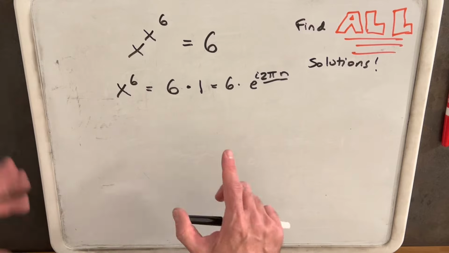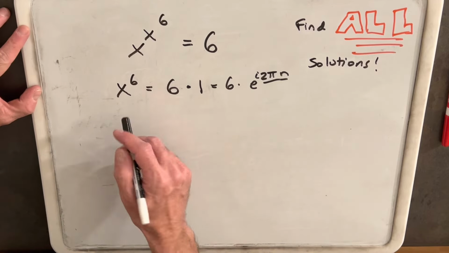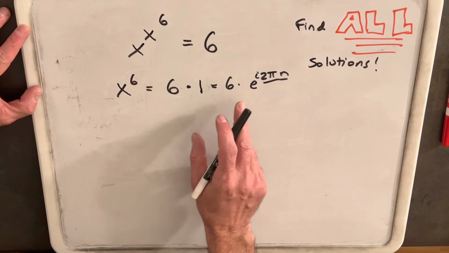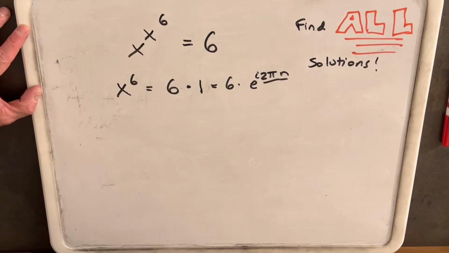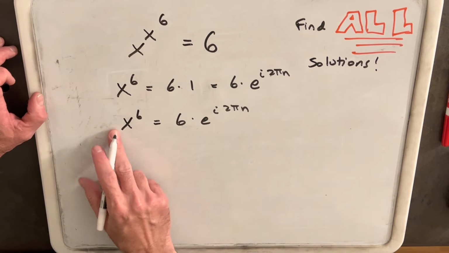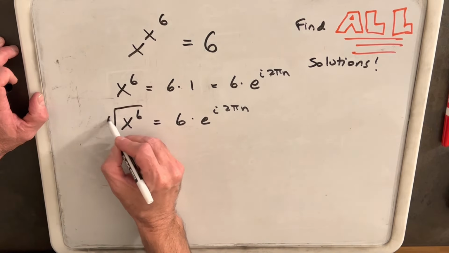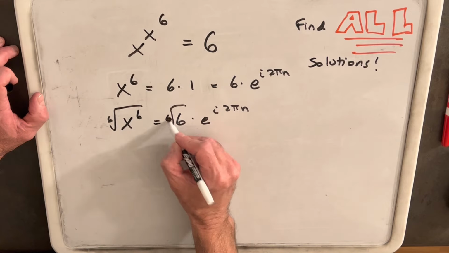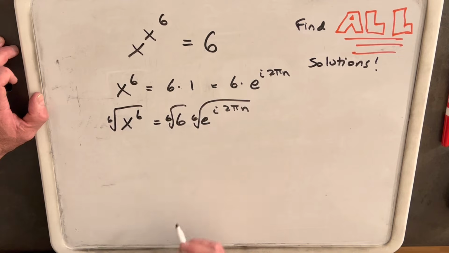So now you might be wondering, why did I do that? Well, we're going to take the 6th root now, and you'll see that by doing it this way, we can now get all of our solutions, instead of when we did it before, we only got 2 solutions. So now that we've rewritten our equation, let's take the 6th root on both sides again. Let's split this up and do these separately.